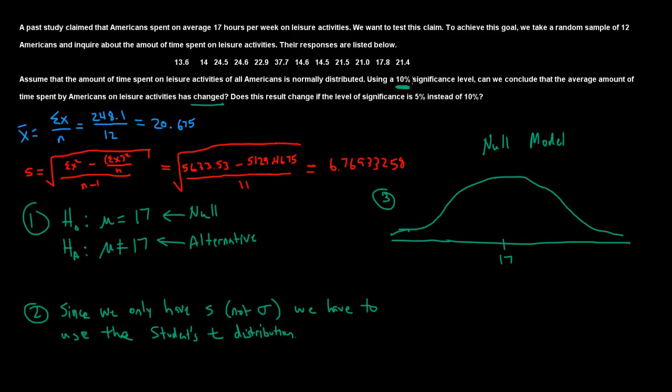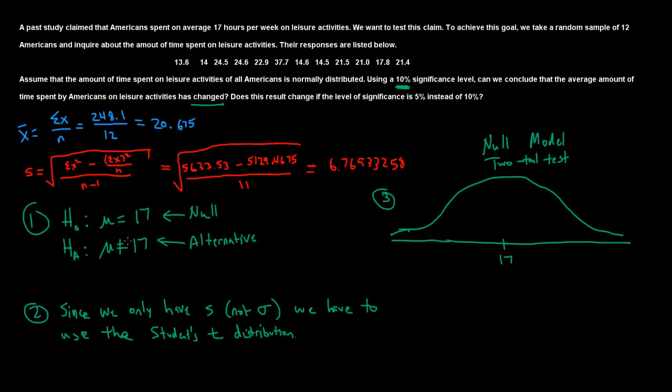So now the question is, where do we draw? What are our critical values if there is a 10% significance level? Now, remember, this is a two-tail test. A two-tail test is when your alternative hypothesis is not less than or not greater than, it's not equal to.